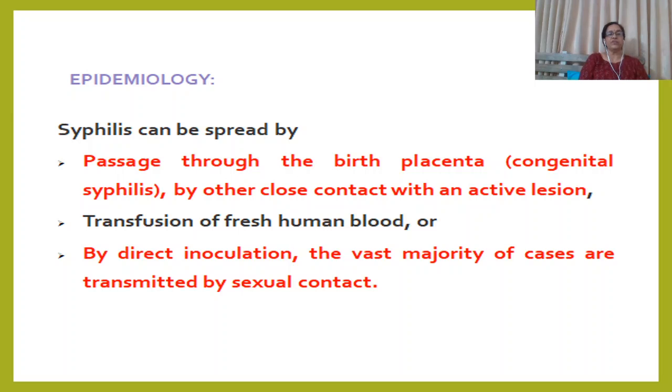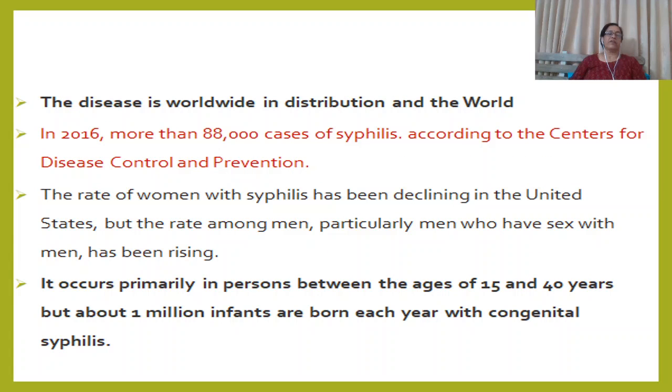Also, blood transfusion may lead to syphilis in individuals who are recipients. Then direct inoculation; this is mainly an STD type of disease. So the vast majority of cases are transmitted by sexual contact.